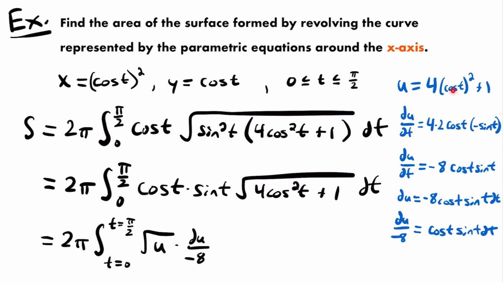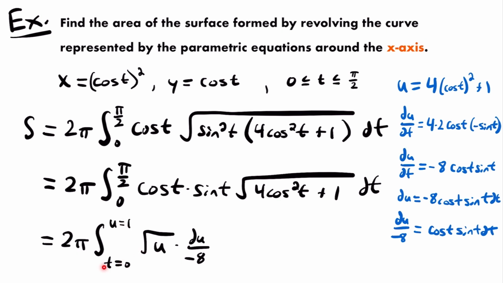Now cosine of pi divided by 2 is 0, so we'll have 0 squared, which is 0, times 4, which is 0, plus 1. So that upper bound is just going to be 1. Okay, so we'll replace t equals pi divided by 2 with u equals 1.